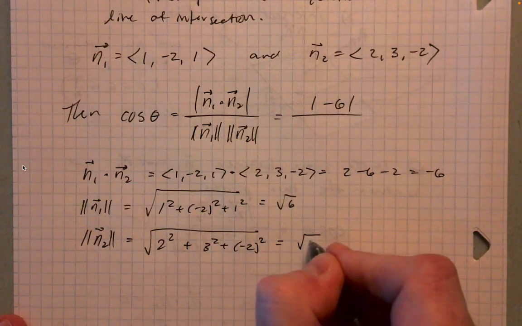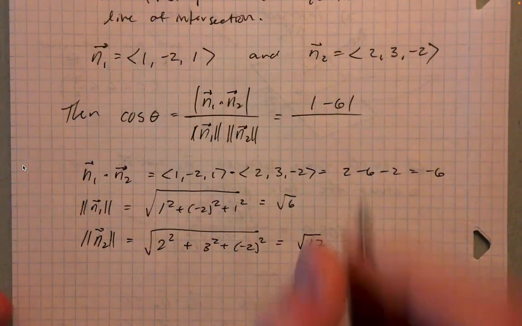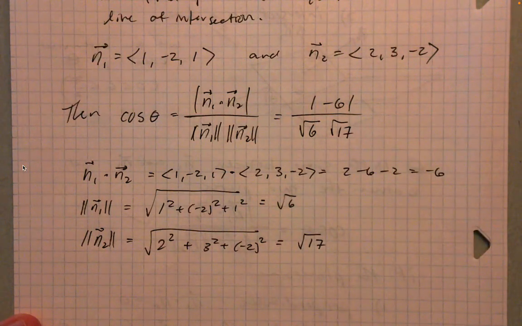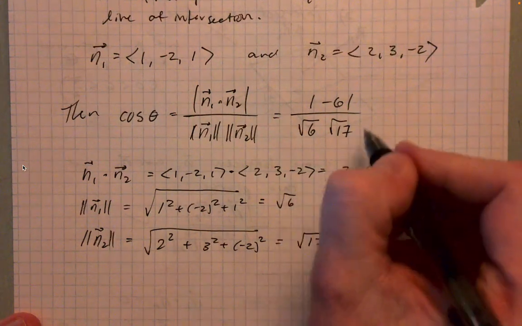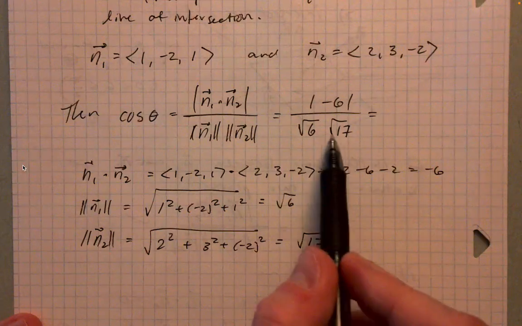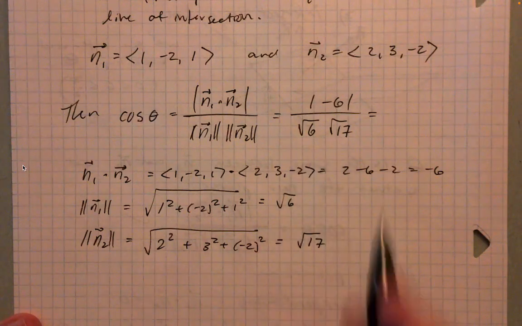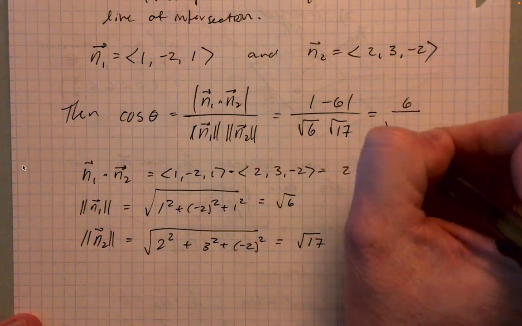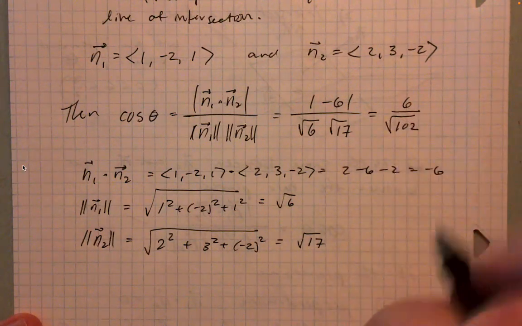So that would be the square root of 17. And so those can go in here as well. And then away you go. So 17 times 6, so 6 times 7 is 42, so that's 102. And so this would be 6 over the square root of 102.